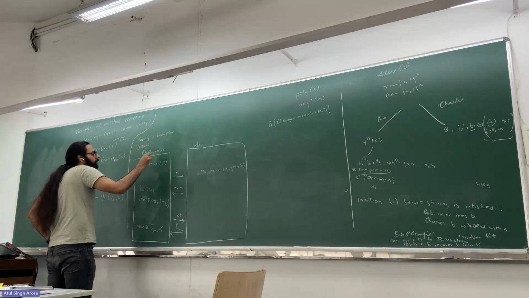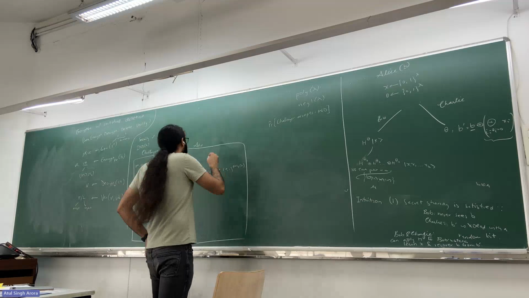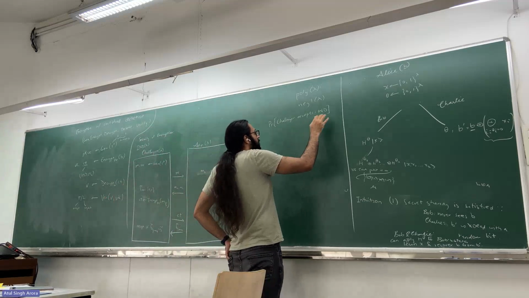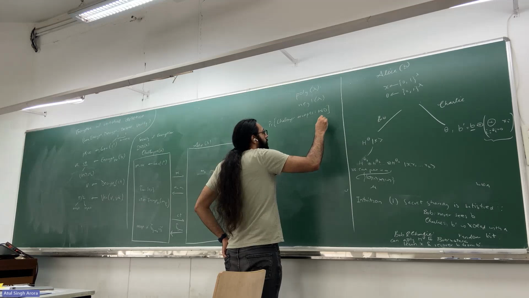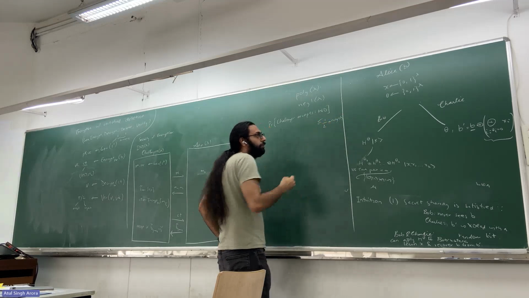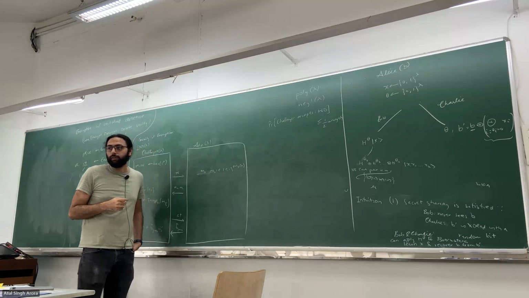So the challenger gets lambda. The adversary can also get lambda. So the probability that the challenger accepts int is supposed to be at most half plus a negligible function of lambda.